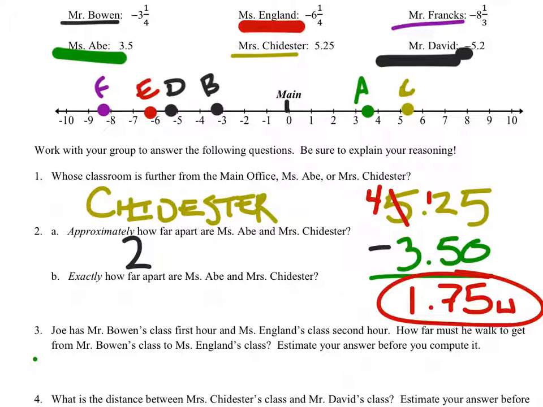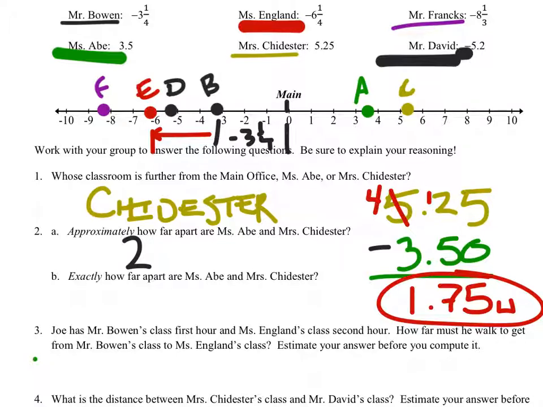Joe has Mr. Bowen's class first hour. Well, here's Mr. Bowen. Mr. Bowen is at negative 3 1/4, right here from the main. And then Miss England's class second hour. So from here, he's going to go over here to Miss England's class.